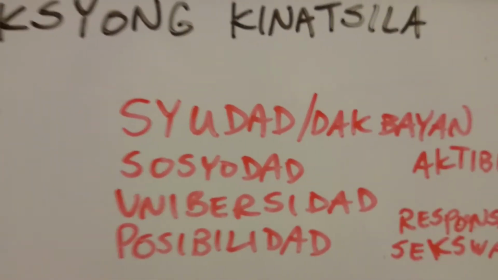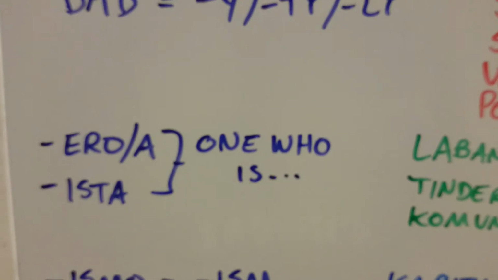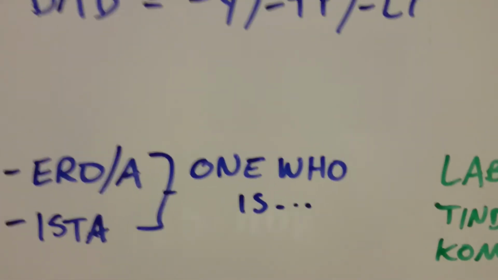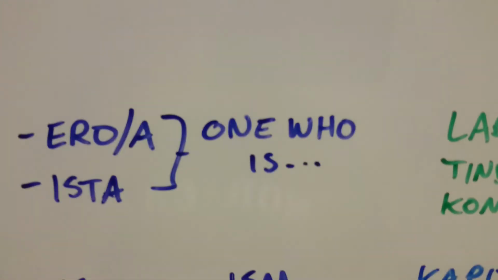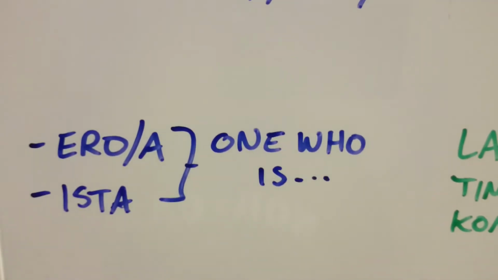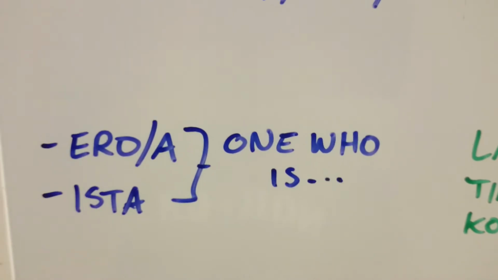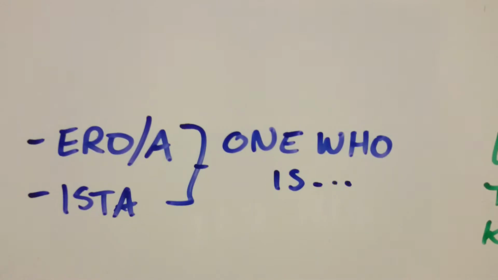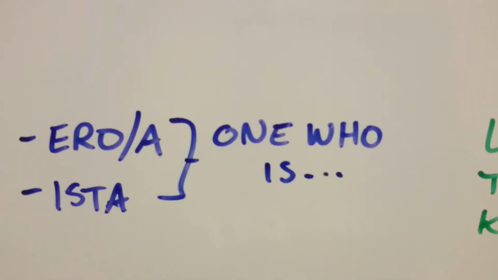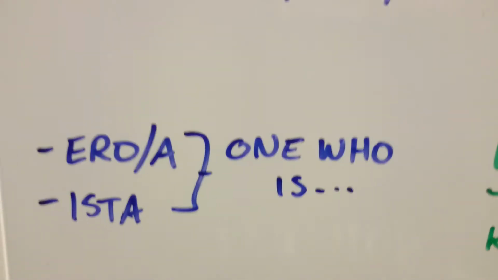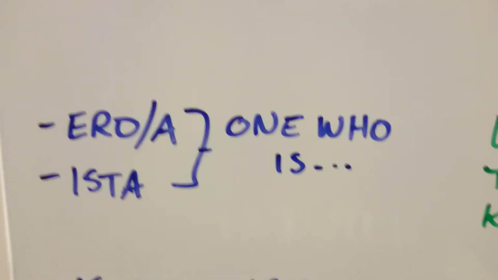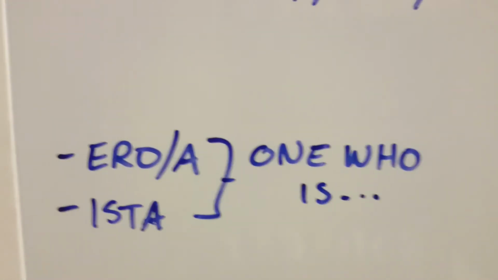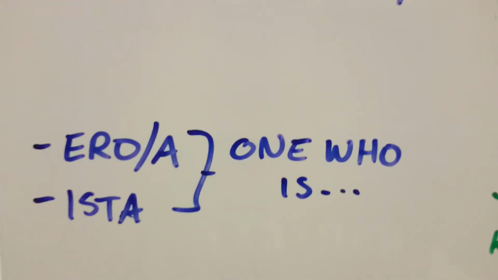And next we have the endings ero, era, or ista. Now, one thing about Cebuano is that we don't have this whole gender concept that came from Indo-European languages predominantly, where nouns are mostly either masculine, feminine, or neuter.